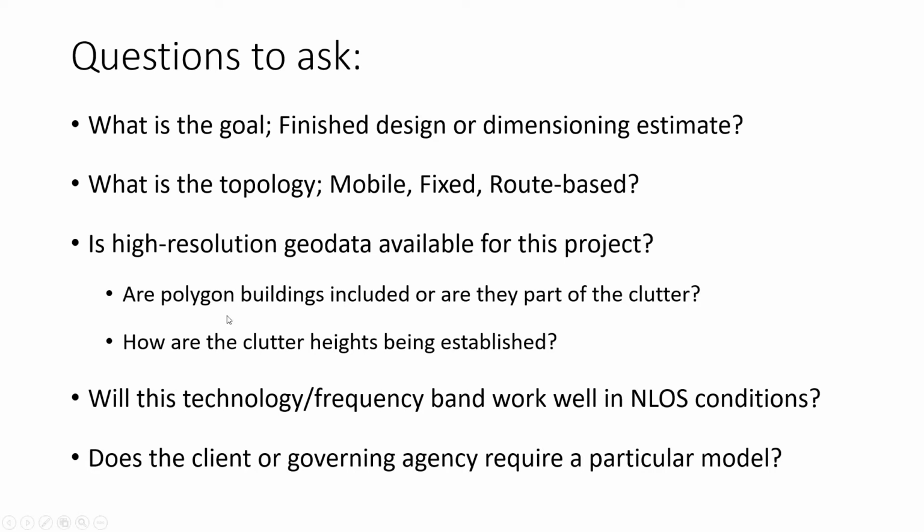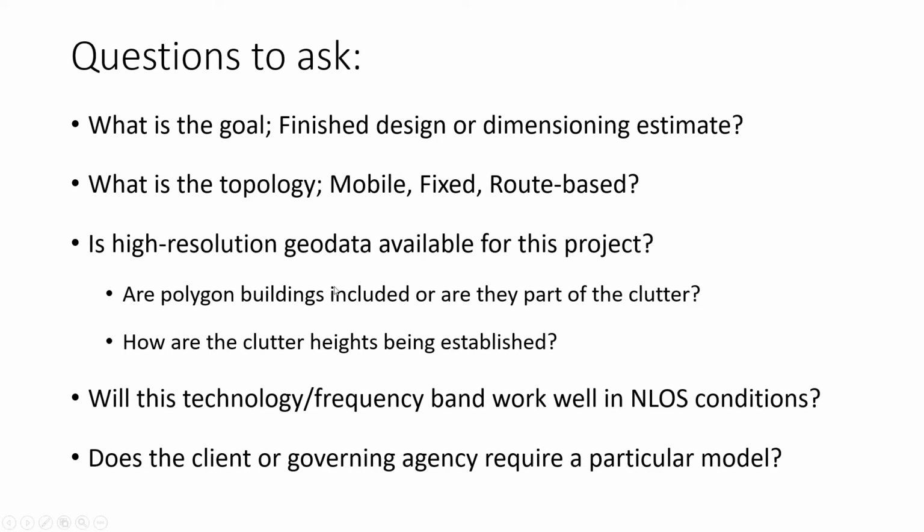If you are doing a high detail finished design, a question to think about is how buildings are going to be represented in your geodata. Are they actual polygon building footprints with heights associated? Are they full-on building models that include wall material types and all of that? Or are the buildings incorporated into the clutter database as residential or urban categories that are very generalized?